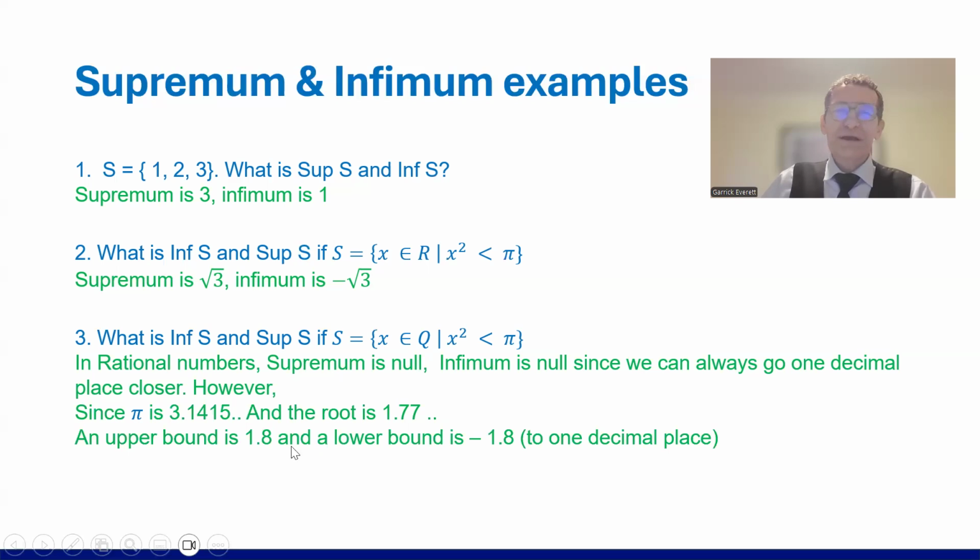You can now think, okay, an upper bound, not the supremum or infimum, an upper bound is 1.8 and the lower bound is minus 1.8. This is like where you draw a graph that almost touches 1 but doesn't quite touch 1, and you say the limit is 1. Well, if going to 1.8, the limit is 1.8. Now that's outside the range and will give you a number greater than pi, but we can say that's an upper bound.